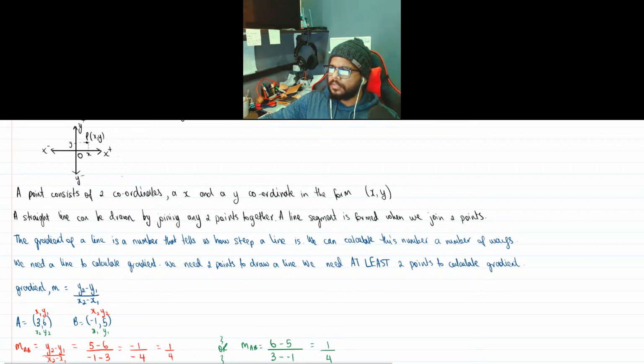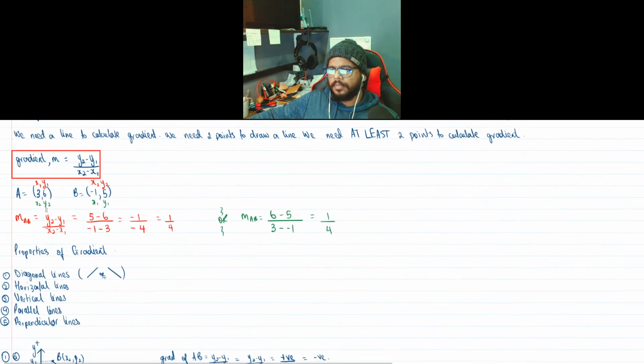So like I was saying, the gradient of a line is given by this formula here. Very, very important formula. And we will ask ourselves, well, what is y2, what is y1, what is x2, and what is x1? You see points A and B?